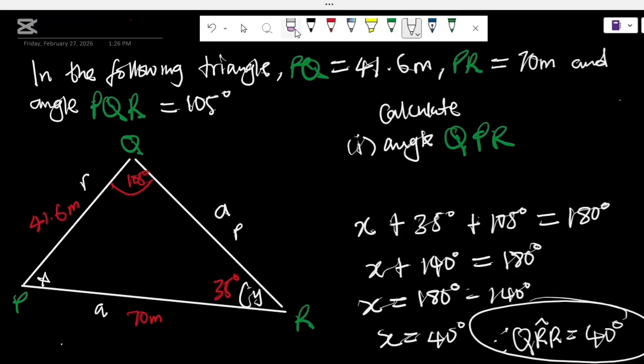Now, what about the area of the triangle PQR? How do we find the area of this particular triangle?